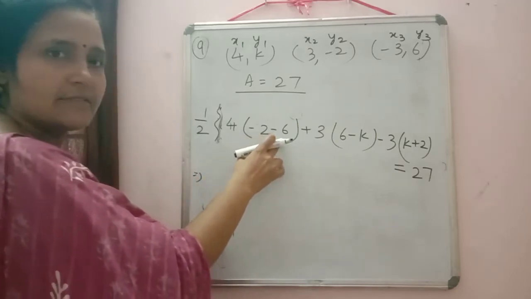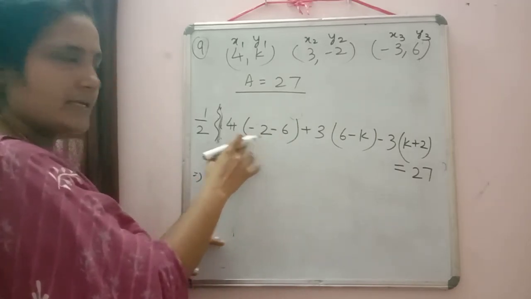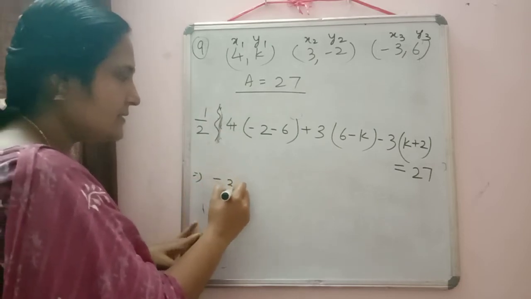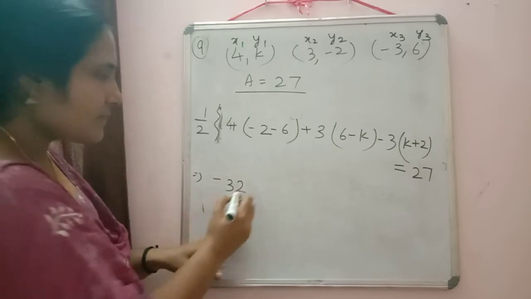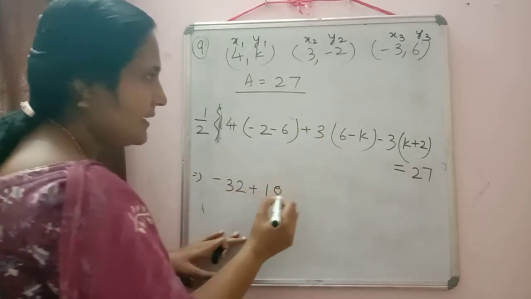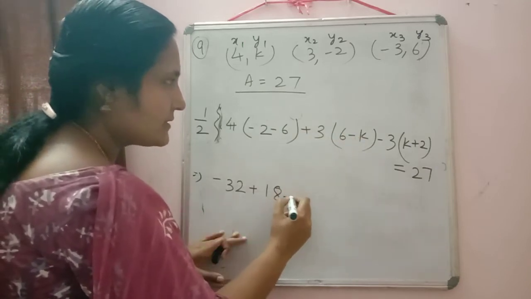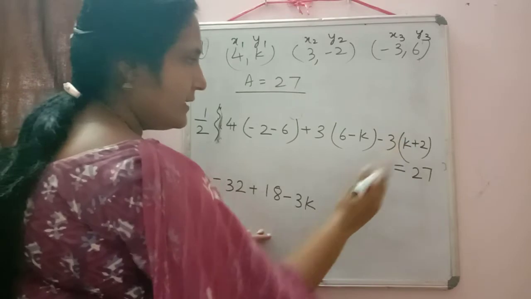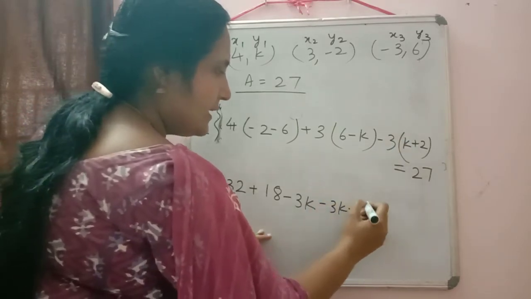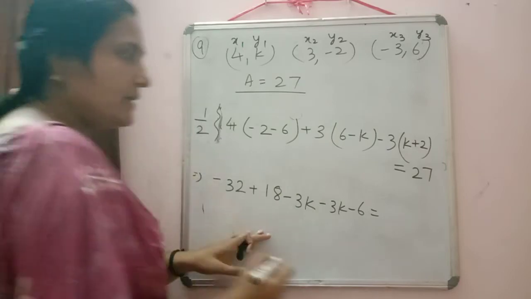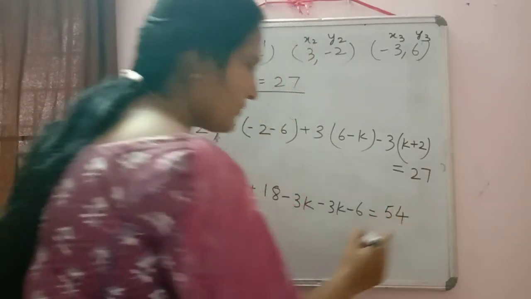Minus 2 minus 6 is minus 8, and minus 8 into 4 is minus 32. Plus 3 sixes are 18, and 3 into minus k is minus 3k. Here, minus 3k minus 6 is equal to 27 into 2, which is 54.